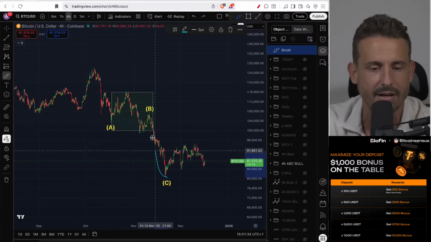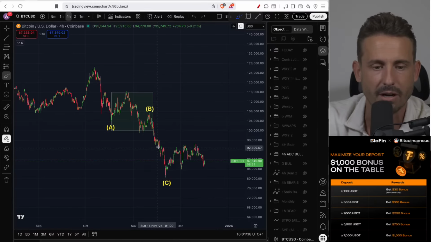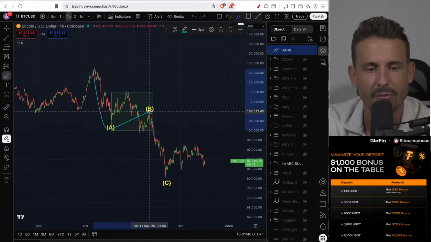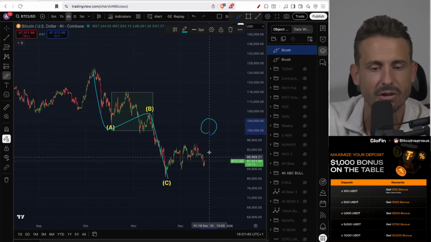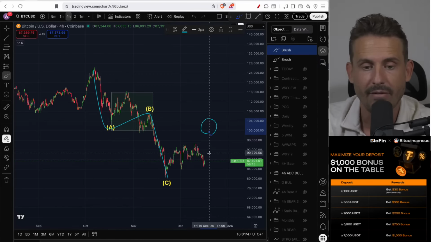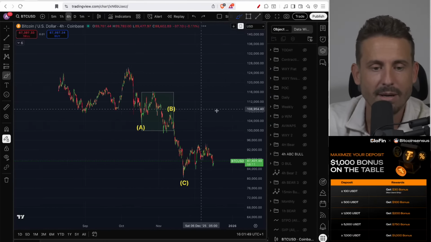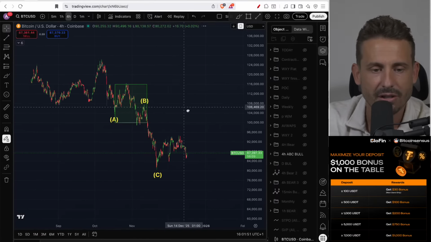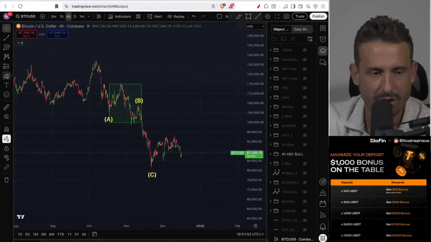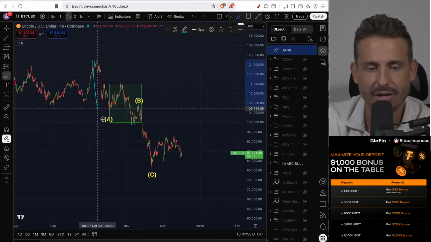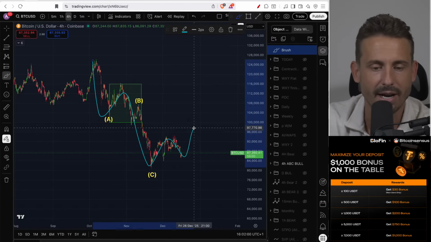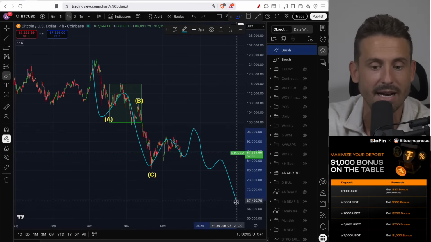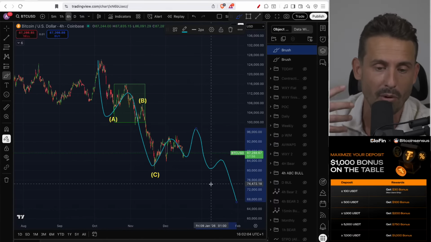Very, very countable 5-wave structure in this zone on the lower time frames, and this would be a 3-wave structure if the price manages to get above $97,000. However, this would only bring a larger corrective structure, either a zigzag down, WXY, and then another zigzag to the downside, which points out that view.